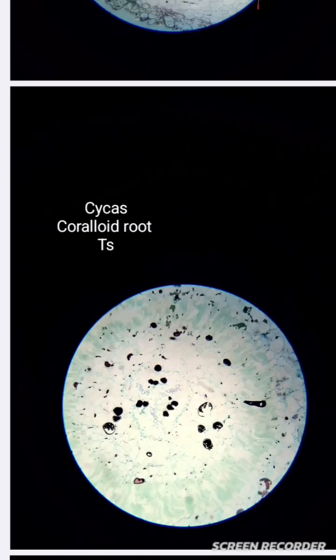Moving on to the next slide, that is coralloid root. So in the coralloid root, there is presence of epiblema, likewise in normal root. Epiblema may become ruptured due to the formation of periderm, and a few lenticels can also develop in the periderm.